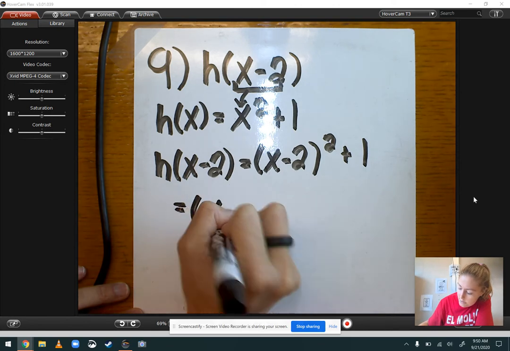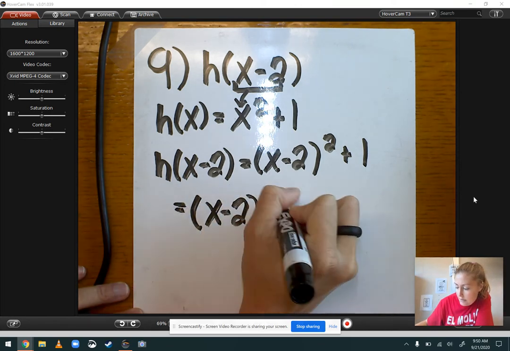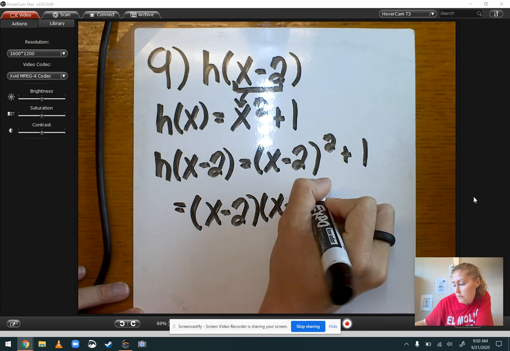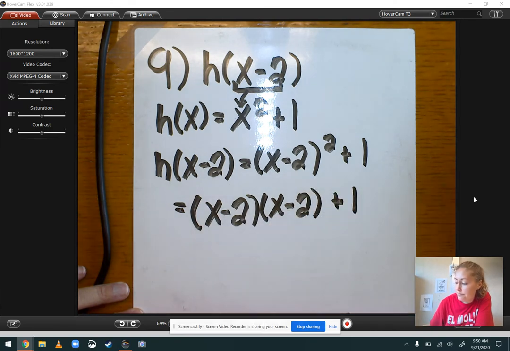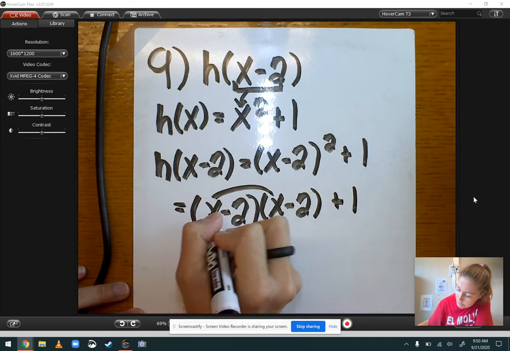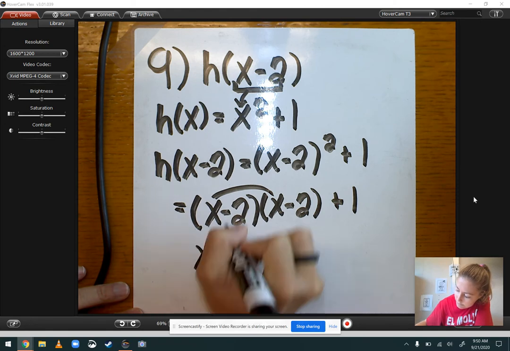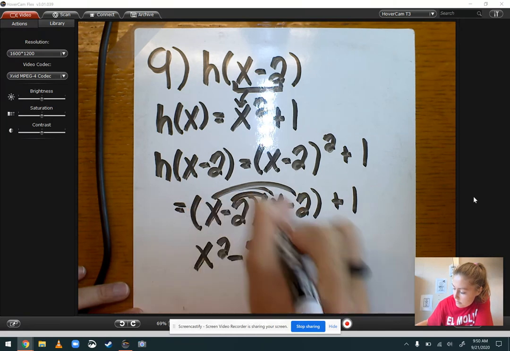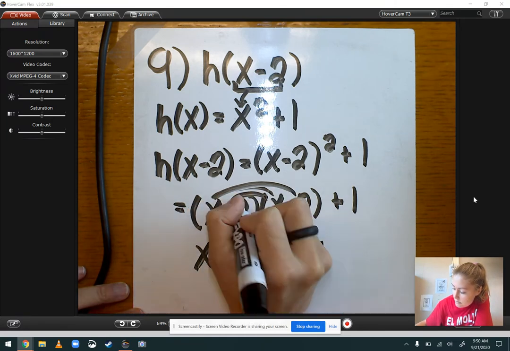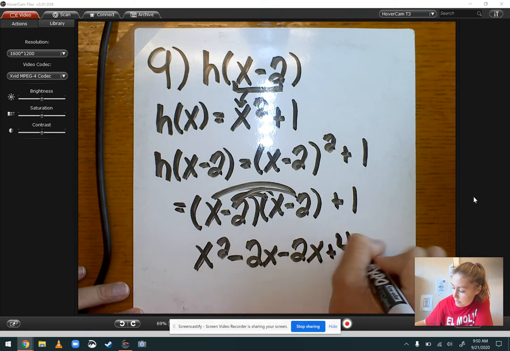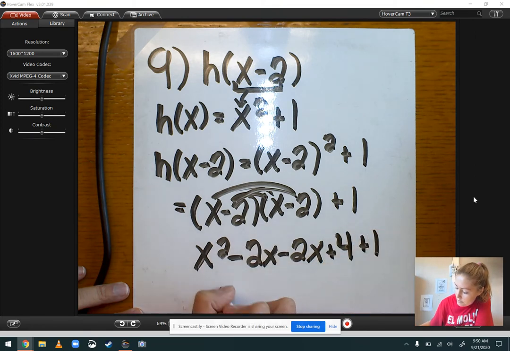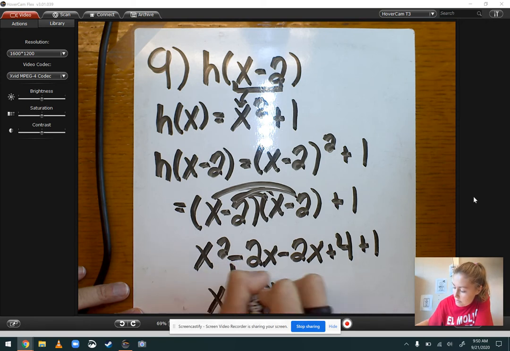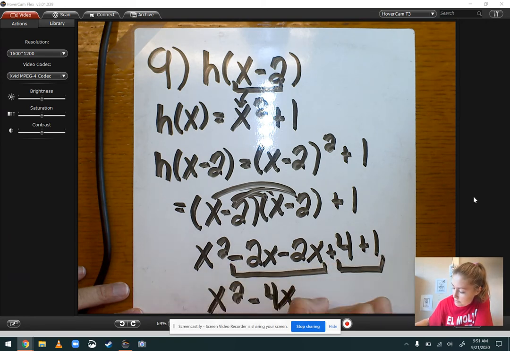This equals x minus 2 times x minus 2 plus 1. Double distribute, we have x squared minus 2x minus 2x plus 4, plus that 1. We have x squared minus 4x, combine these like terms, plus 5.